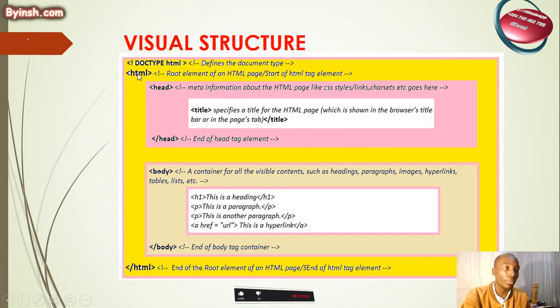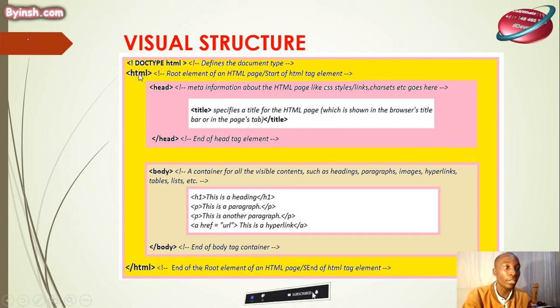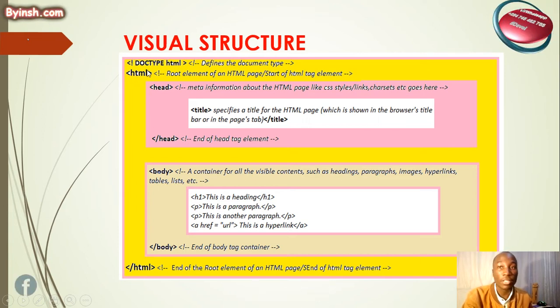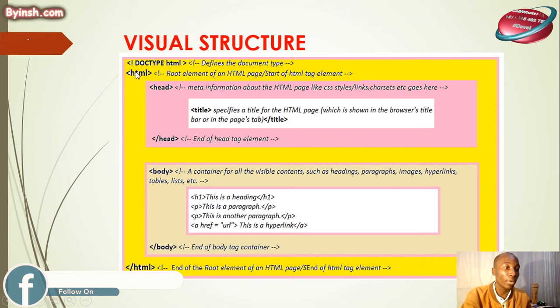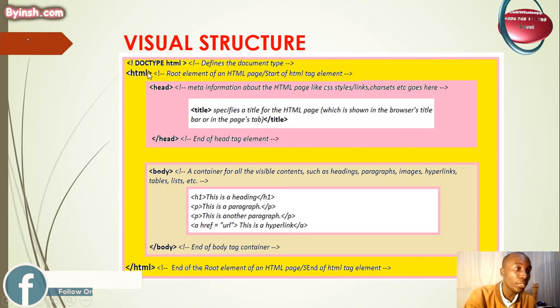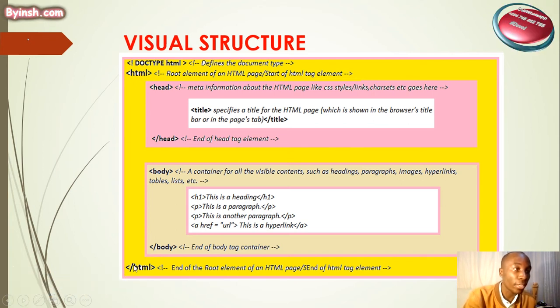Now the next kind of tag is html. Tags are case insensitive, but it's good programming practice to write them in lowercase letters. It means HTML is beginning here and it's ending down here.